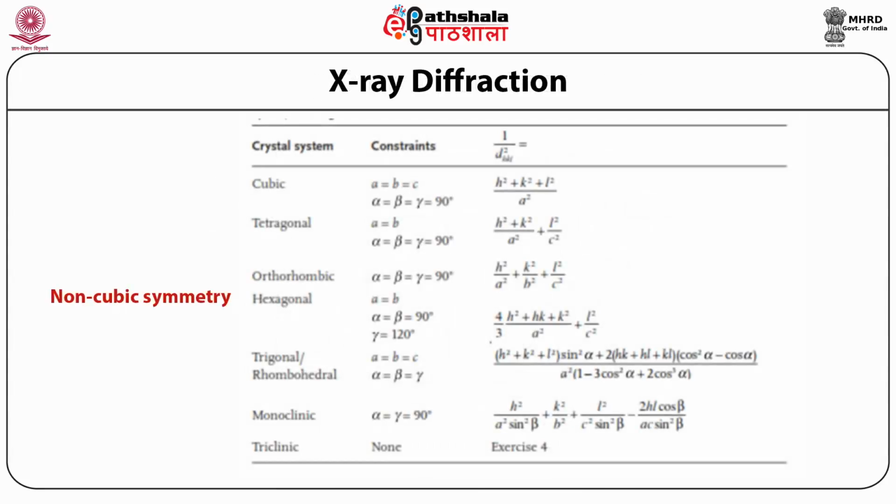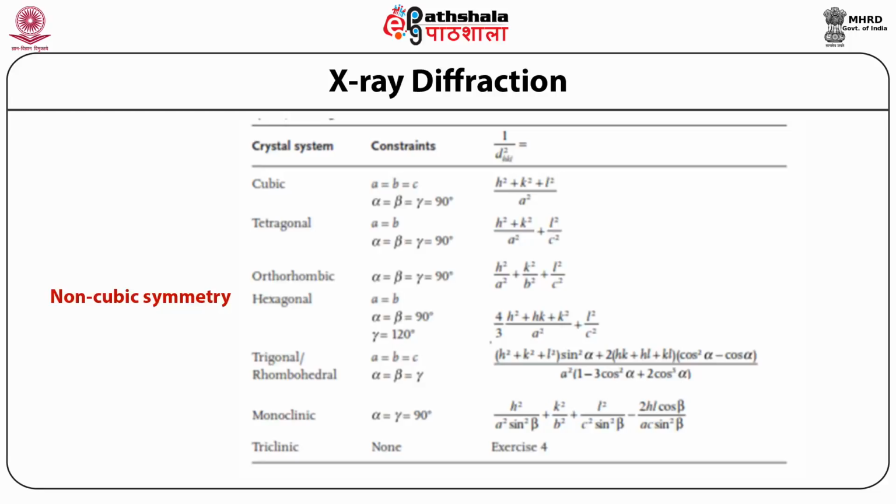So here in this slide you see a table, and in this table it is written crystal system, the constants, and then 1 upon d square. So these are interplanar spacings.